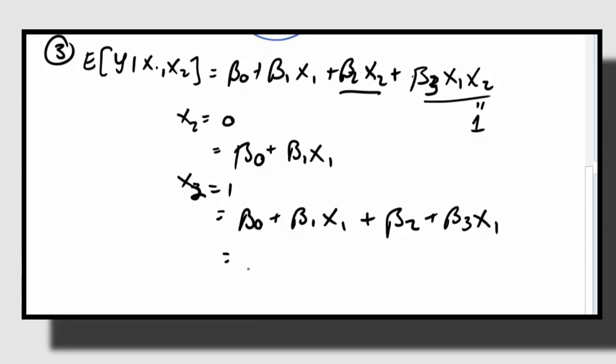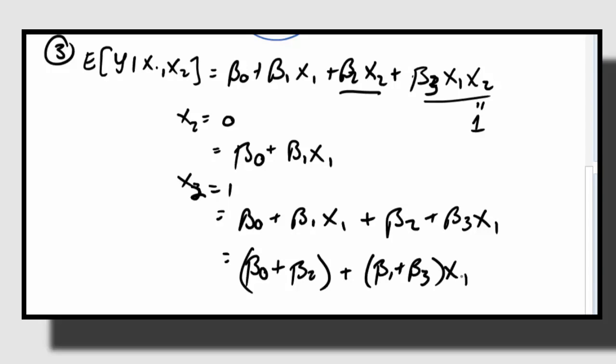Okay, now let's reorganize terms, and that's beta naught plus beta 2 there, plus beta 1 plus beta 3 times X1.